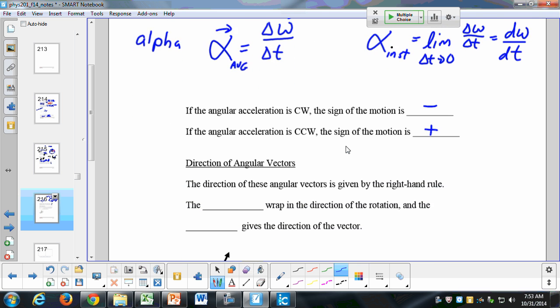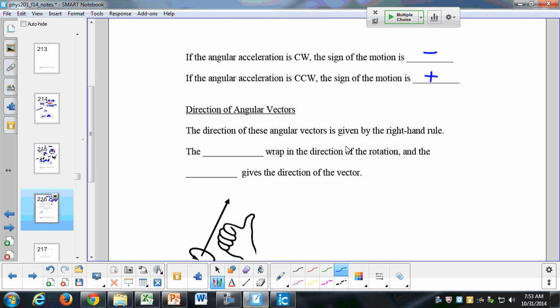Let's just talk briefly about angular vectors, the direction of these vectors. Because if I have an object spinning, how do we define the direction of that angular velocity? I guess not in this direction, right? Because if I were to say it's tangent to the circle, then the direction will be changing all along.